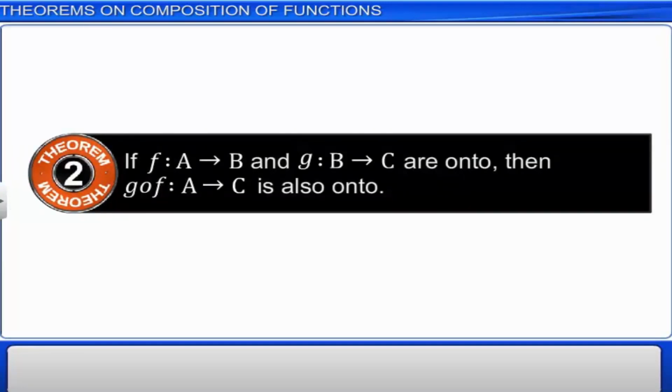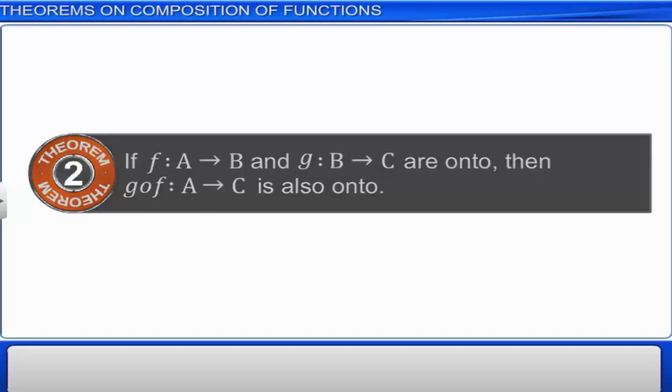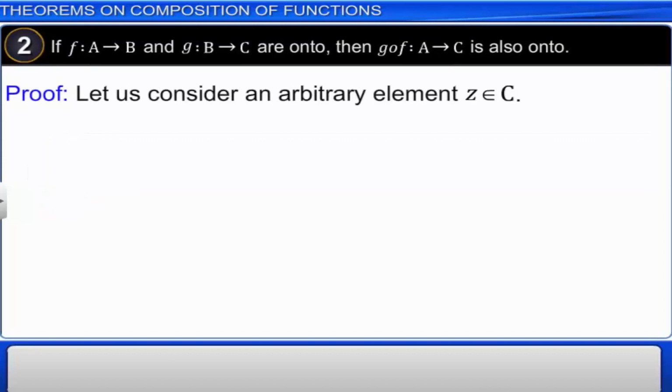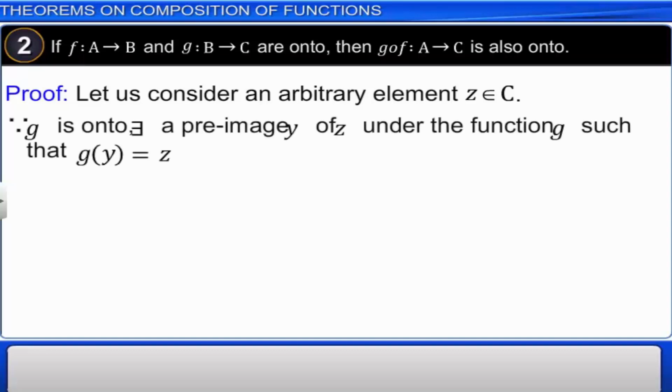If a function f from A to B and a function g from B to C are onto, then the composition of f and g is also onto. Let us consider an arbitrary element z belonging to set C. Since g is onto, there exists a pre-image y of z under function g such that g of y is equal to z.